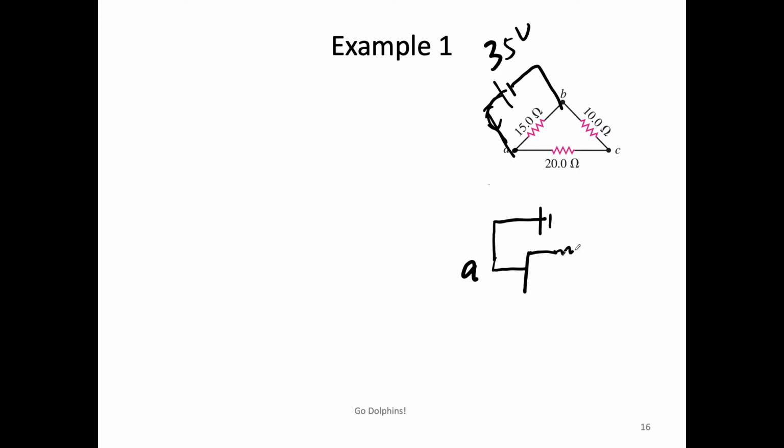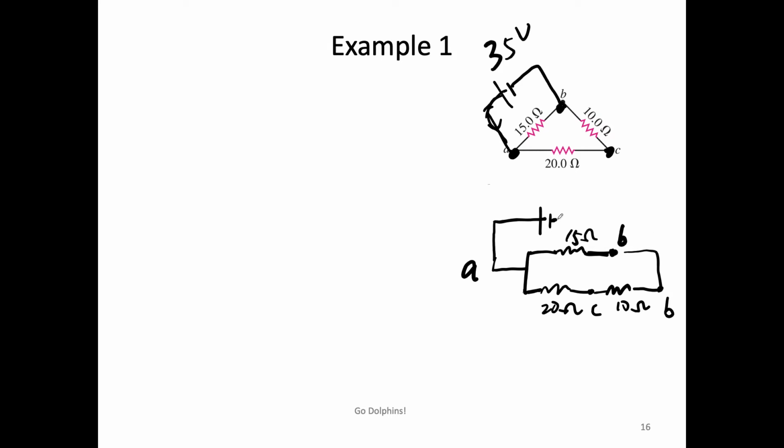One path goes through the 15 ohm resistor and goes to B. From A you can also go through 20 ohm and then get to point C. You keep going, and from C you go over this 10 and then go to B. Now these two points are the same point, so we join them together.